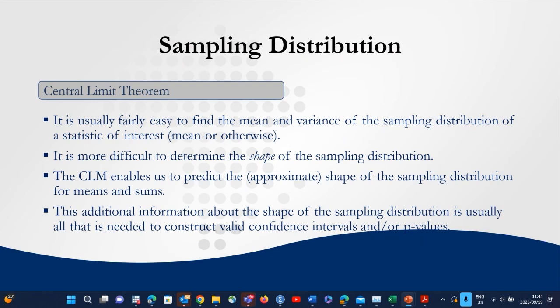The shape talks about how that distribution would look. Once we know that shape, we know it's going to have these properties, and then we can use those properties for hypothesis testing.